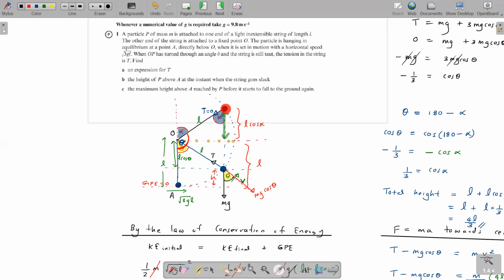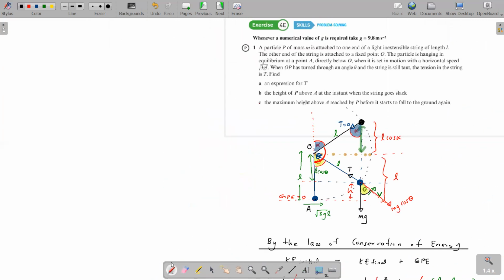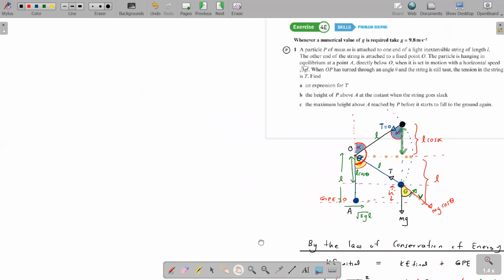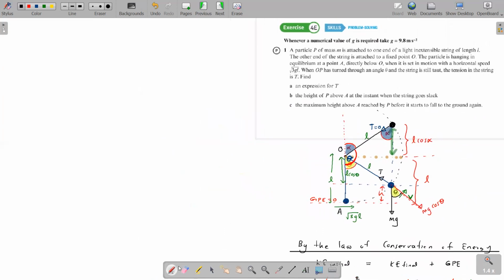Now, at this point, when the string becomes slack, what's happening? After the string becomes slack, so now these are really important. This is connecting M3 to M2. After the string becomes slack, what happens?